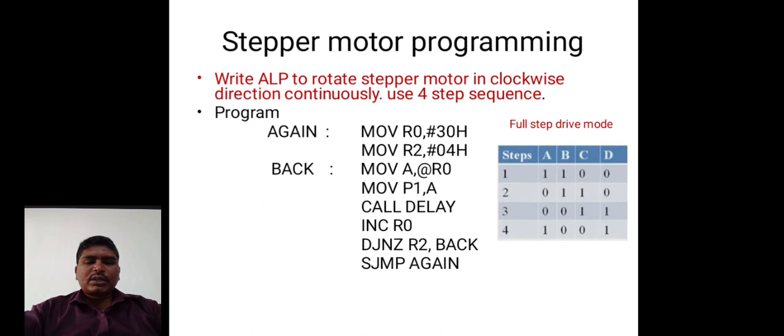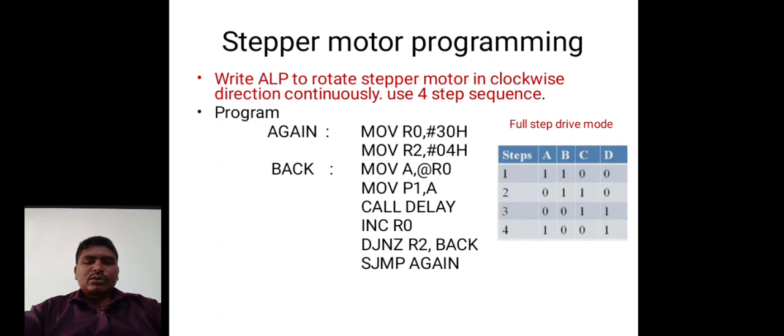So wait for some time. Here in the first sequence, the coils A1 and B1 are both energized. We need to wait for some time. Then increment R0, so it goes to the next sequence, which is step 2, where the coils B and C are energized.